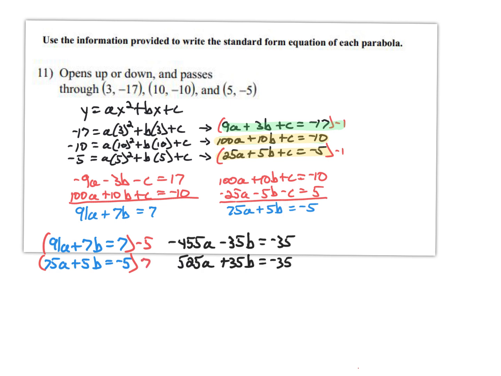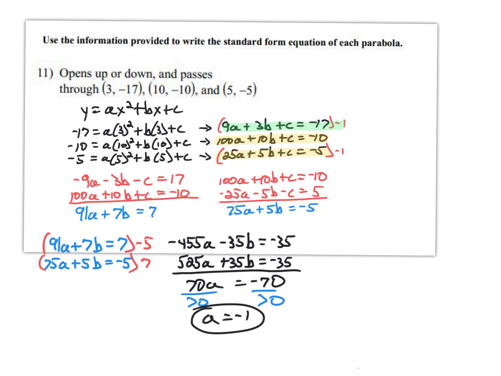When I do that, we get these two equations, and you can see that my b is going to cancel when I combine them. So we get 70a equals -70 once the b's cancel, and then of course to solve for a, we divide by 70, and we now see that the a variable equals -1, and that's important.